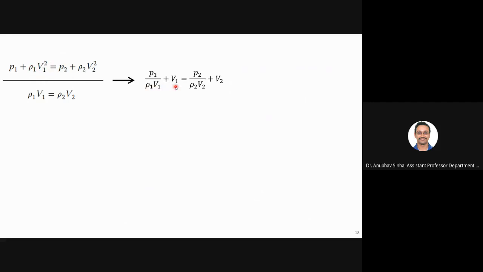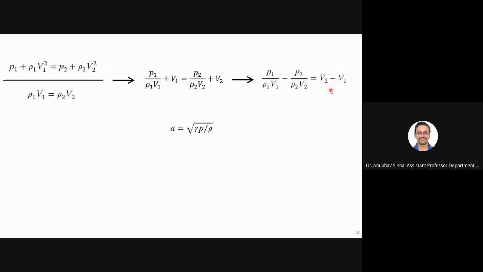Similarly, we have P2 by rho 2 V2 plus V2. So this is one equation coming from momentum conservation and mass conservation. Now I can do some rearrangement. We can take this to the LHS, so it becomes P1 minus P2, and V1 will go that side and become negative, so V2 minus V1.